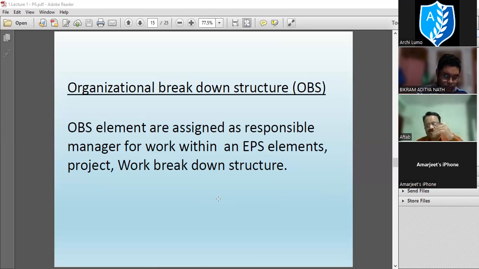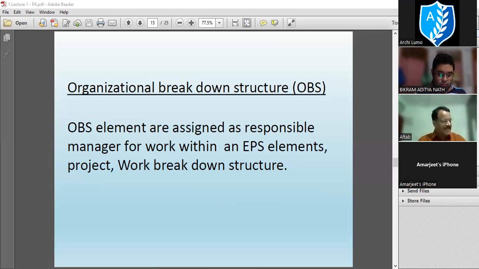Let me explain verbally first, then I will come to the slide itself. Any project will consist of lots of WBS, and under that WBS, lots of activities.